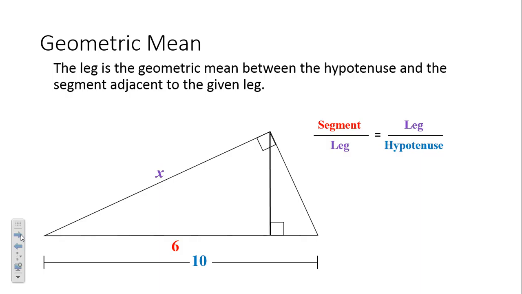The leg is the mean, so x squared equals the one next to it times the whole hypotenuse.